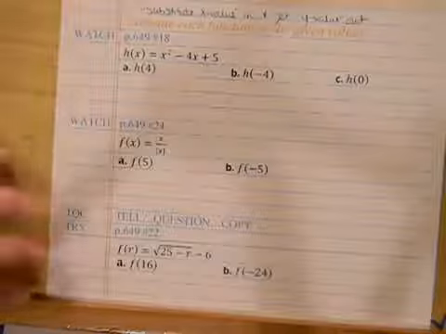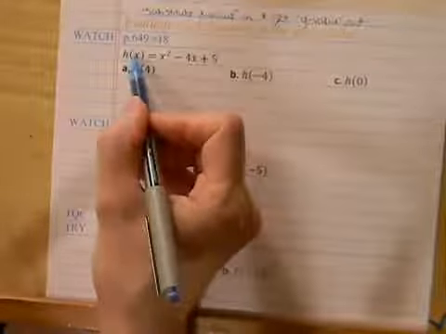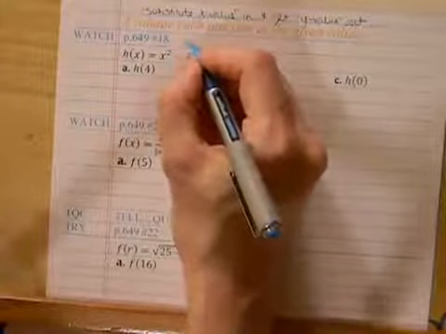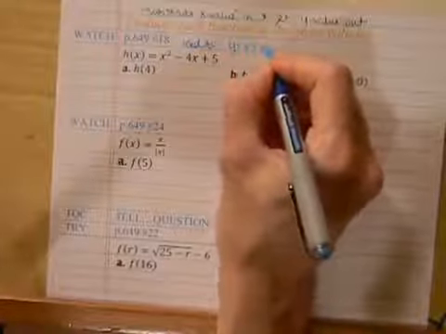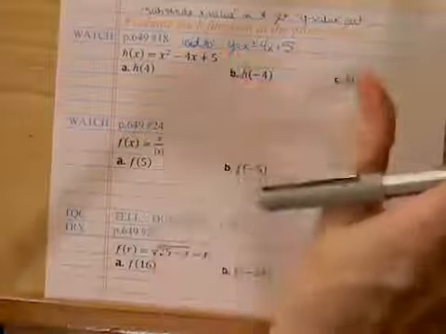But we're just learning about the notation now. What we used to see is y equals x squared minus 4x plus 5. Put in an x, get a y value out, good, done, everything's taken care of.